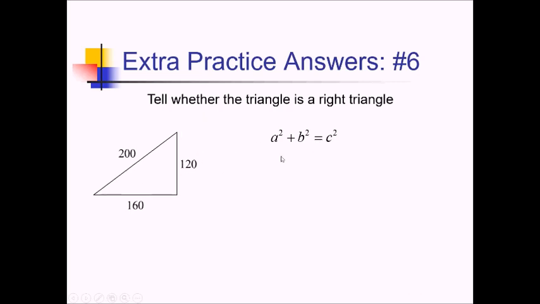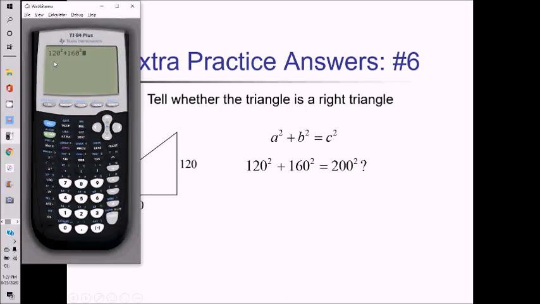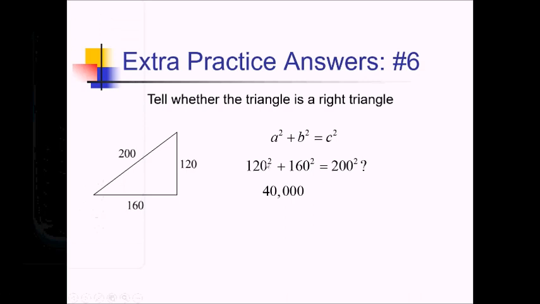So I'm going to write 120 squared plus 160 squared equals our hypotenuse squared, so 200 squared. And let me use the calculator to see what that comes out to. So 120 squared plus 160 squared, that is 40,000. And I happen to know that 200 squared is also 40,000.